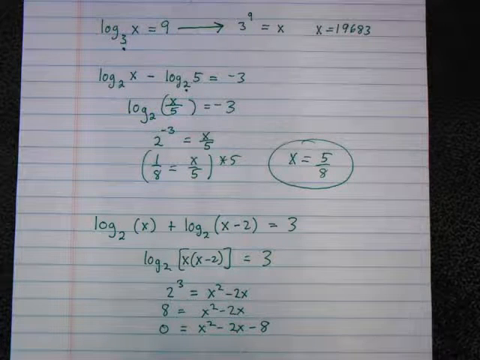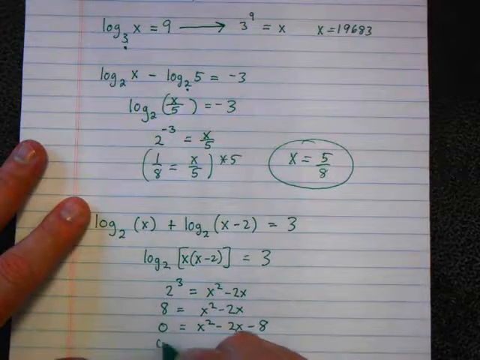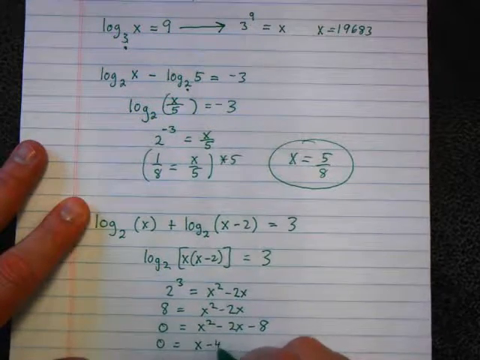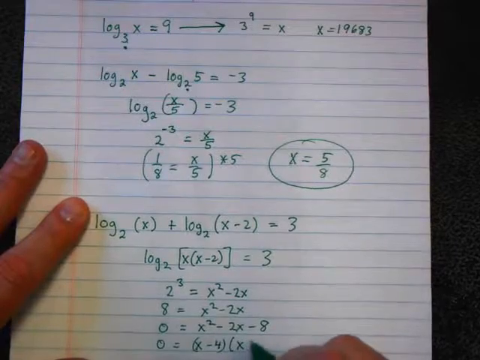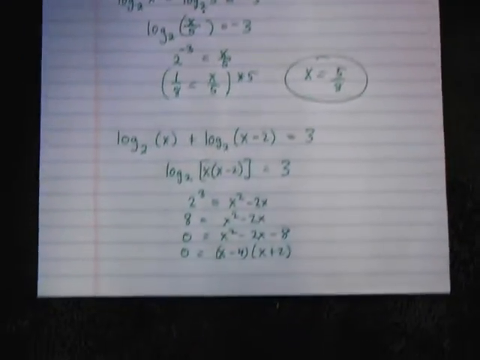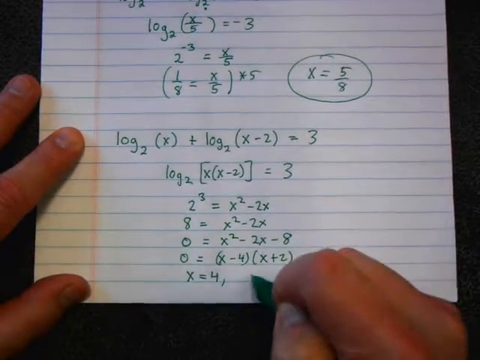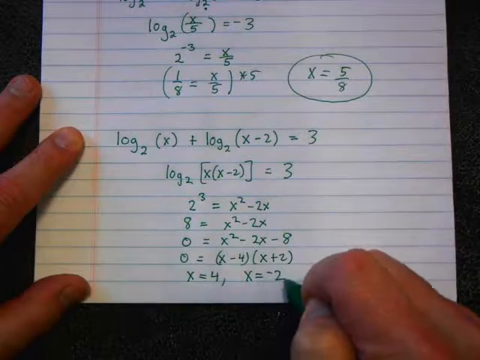Does it factor? It factors as x minus 4 and x plus 2. So I get two answers. I get x equals 4 and x equals -2.